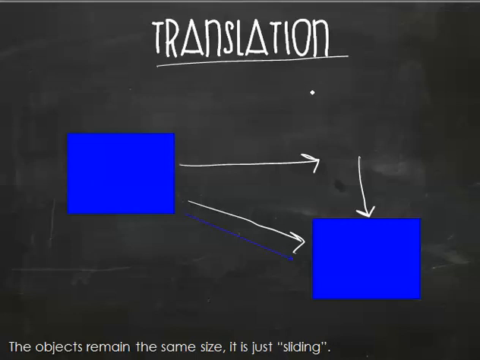Each time you slide, it's going to change the way that you mark it. So let's say if this was our pre-image, this is the first one we start with, and then we went to this one, this would be your second image, so we would denote it with a prime.